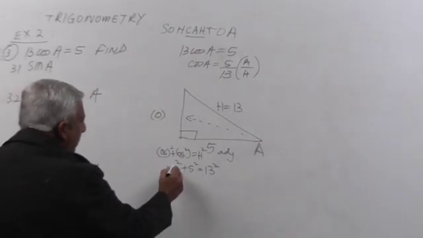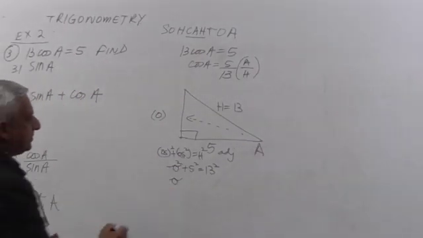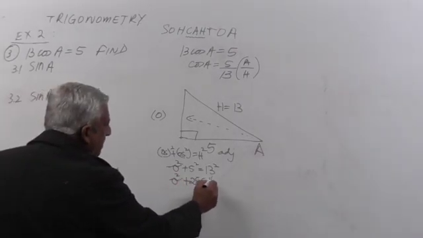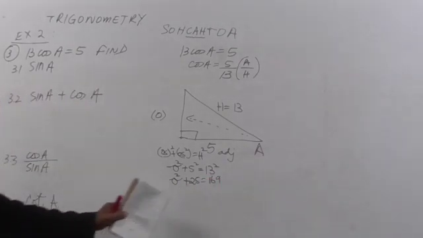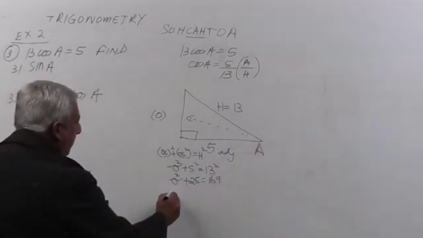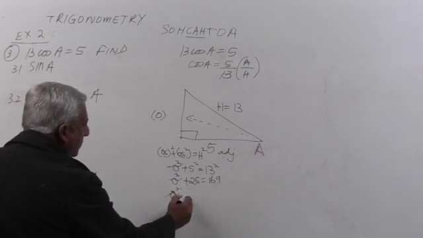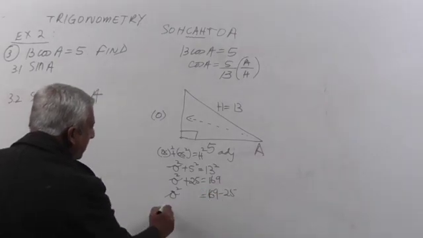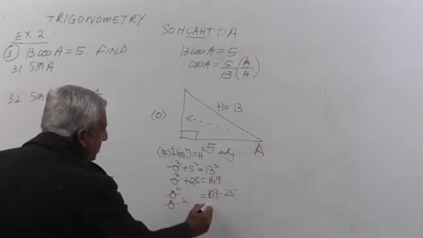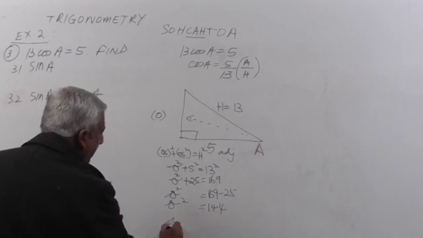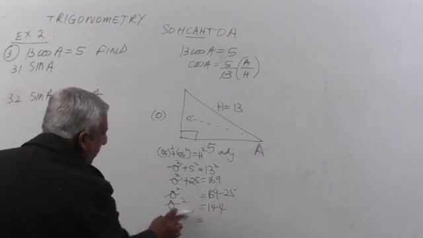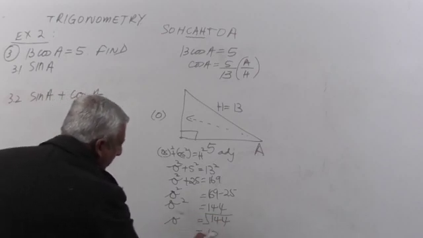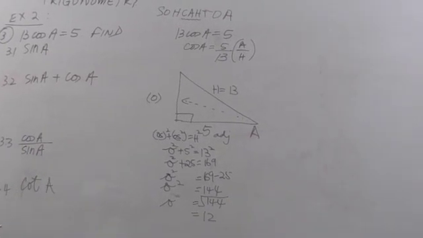So O squared plus 25 is equal to 169, and therefore O squared is equal to 169 minus 25. O squared is equal to 144, and therefore O is equal to the square root of 144, which is 12. So now you know the opposite side is 12.